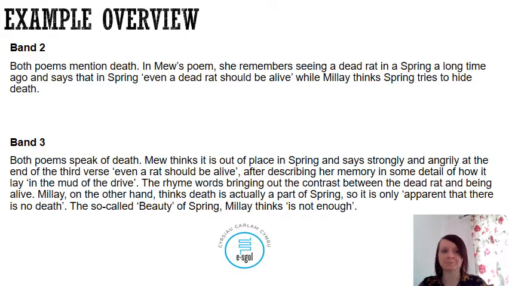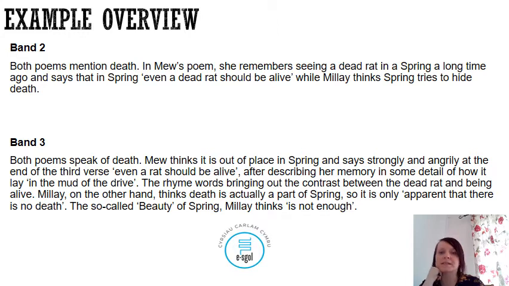poem A. Okay. So what we've got here are a couple of overviews. We're looking at band 2, band 3, and then we'll have band 4 and 5, looking at the overview provided to focus on both poems and bring connections in. So you've got your band 2 response, where it says both poems mention death.